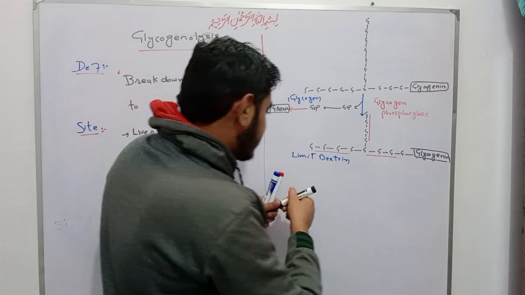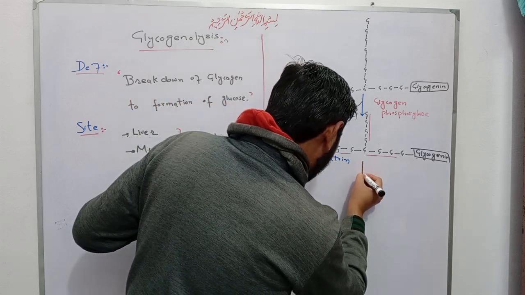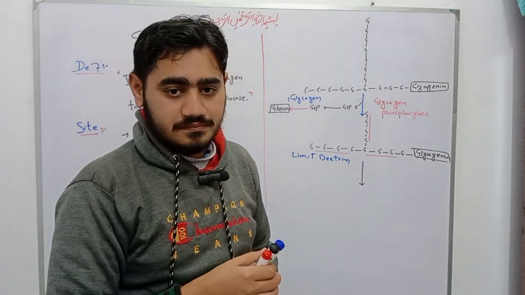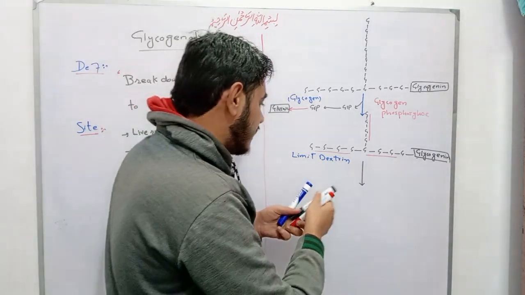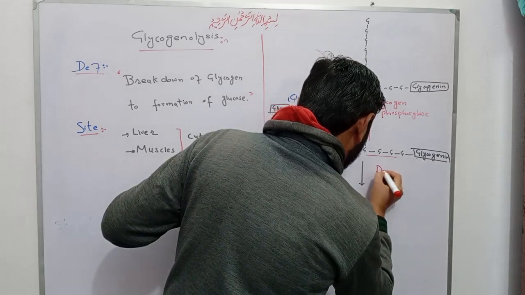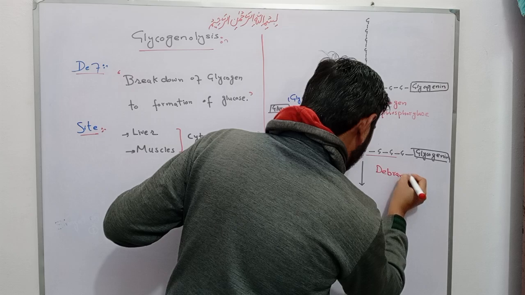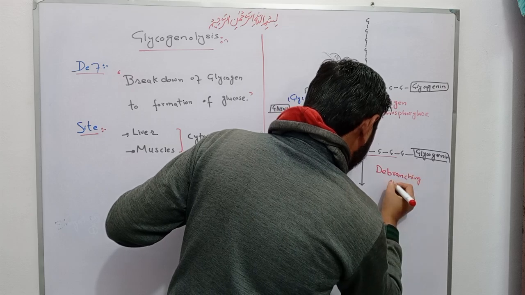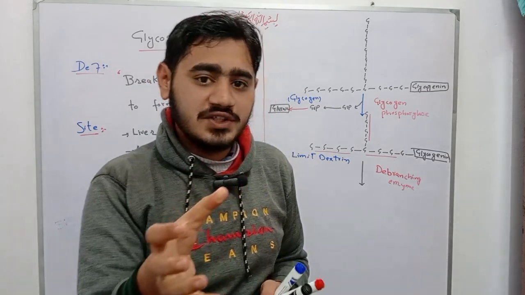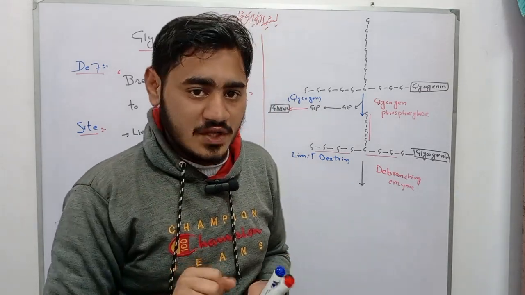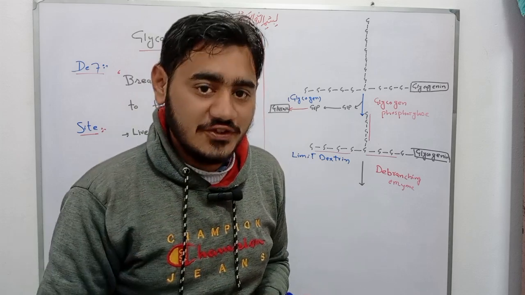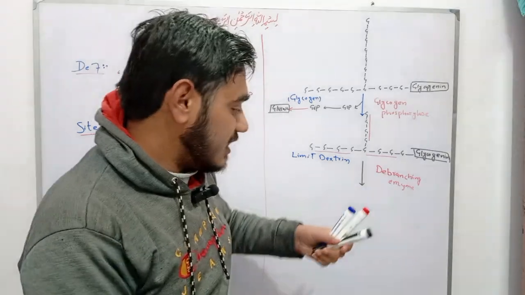Now, in the next step, there is the action of a very important enzyme, that is the debranching enzyme. Listen very carefully, friends. This debranching enzyme is bifunctional. It catalyzes two reactions. Now let's see the first reaction. The first reaction is the transferase activity of the debranching enzyme.